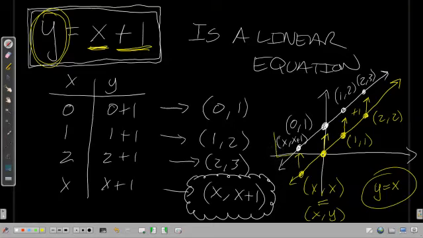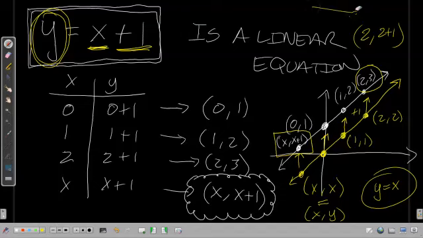So then you can get any ordered pair on this line as x comma x plus 1. Like, look at this one, 2 comma 3. That's exactly 2 comma 2 plus 1. And if you pick your favorite number, then we would know the corresponding y value that went with it.